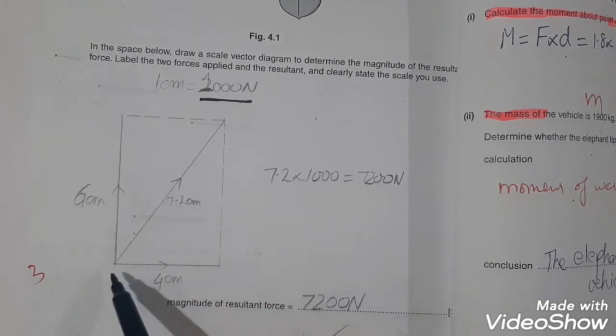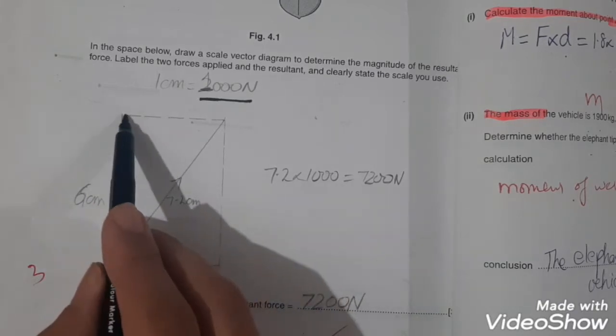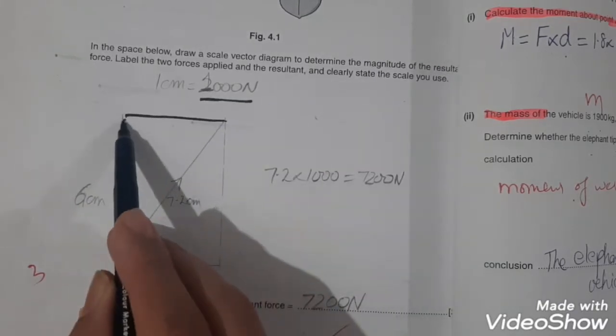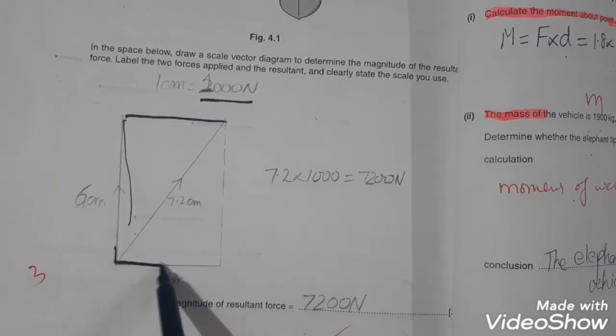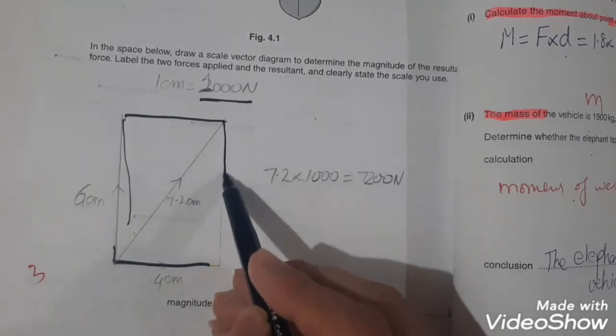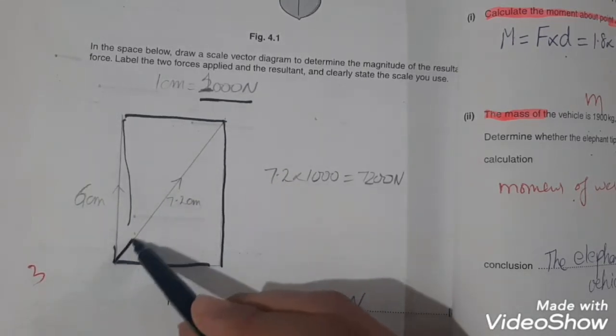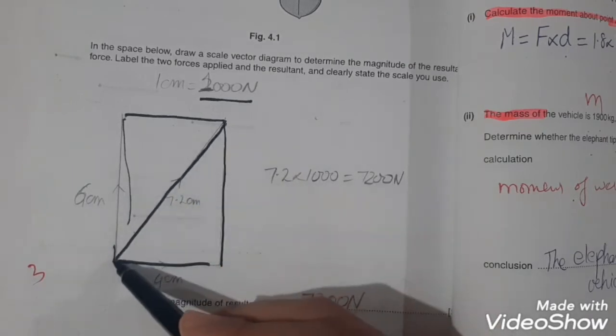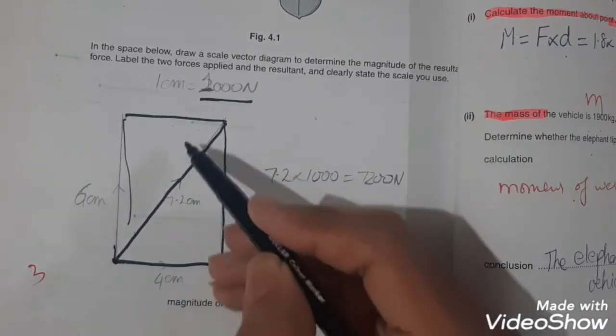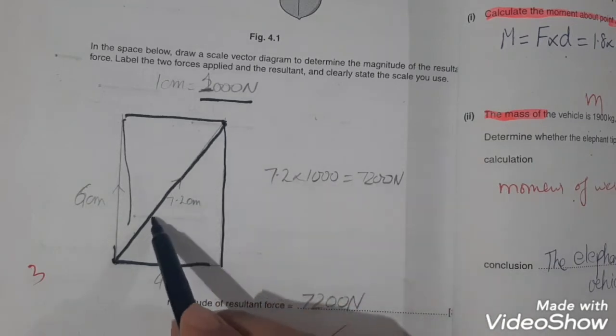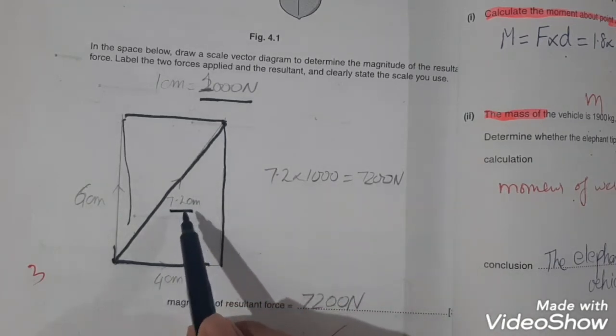So if we connect these two lines and make a full right triangle, and we measure the length from the bottom left point to the top right point, it will be 7.2 centimeters.